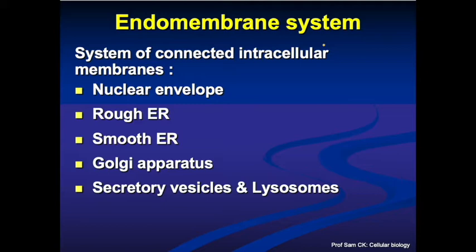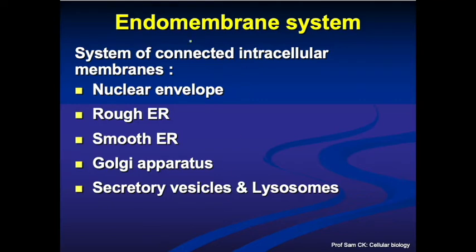Inside the cell, you can find what we call the endomembrane system, which is a system of connected intracellular membranes that consists of the nuclear envelope, the rough ER, the smooth ER, Golgi apparatus, and also secretory vesicles and lysosomes.